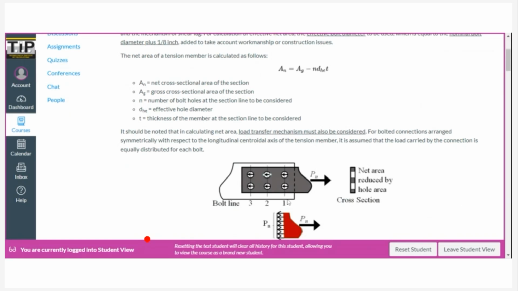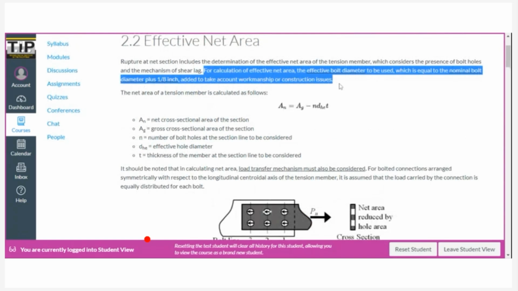We will be talking about this later on. It depends on how many bolts are present in a certain column of bolts. d_he is the effective hole diameter, the nominal bolt plus 1/8 inch. And t is the thickness of the member.